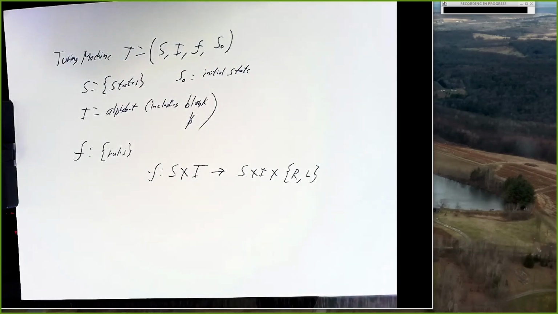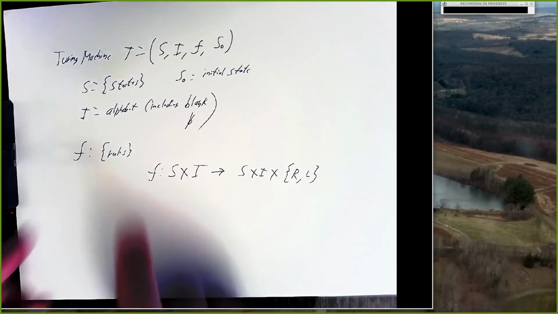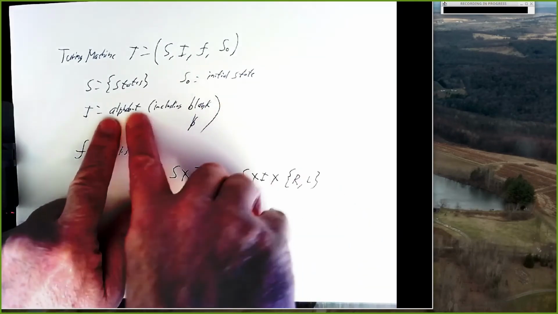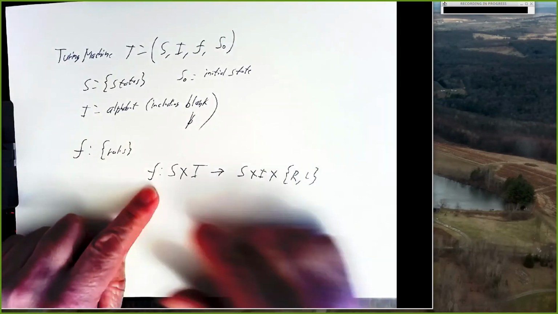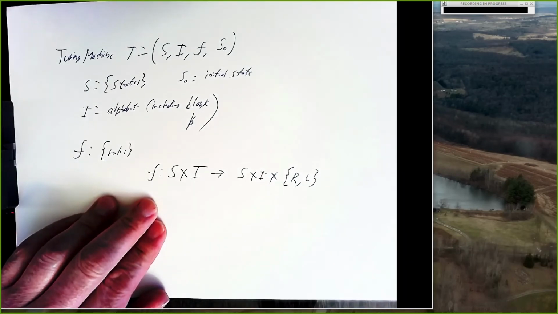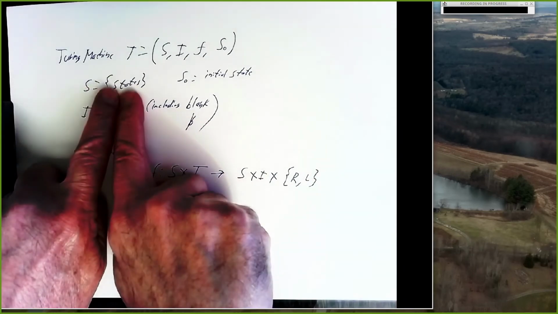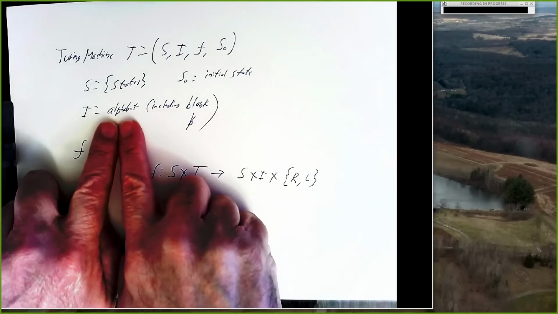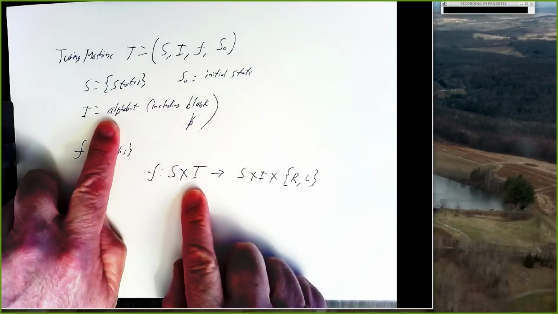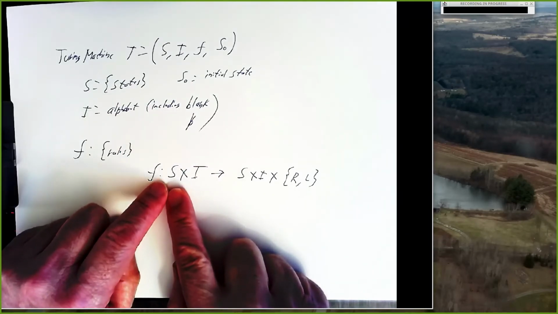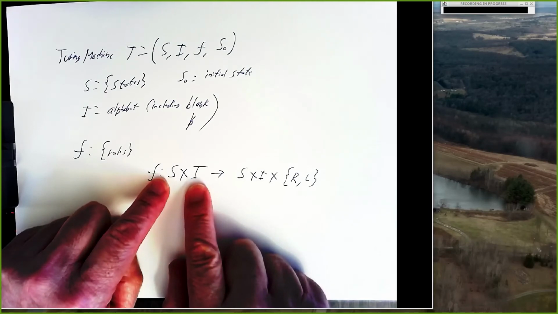Let's do some specific examples. So the idea is we're going to have a set of states. We're going to have some initial state you start in. We have some alphabet of symbols, and then a set of rules. And the rules will do the following. They will say if you are in this state, and if the current input symbol is some particular symbol, right? So it tells you what to do with each combination of state and input symbol.